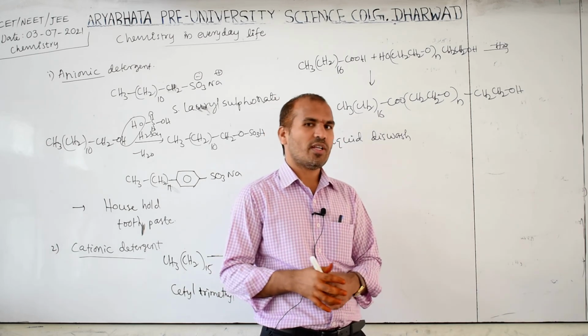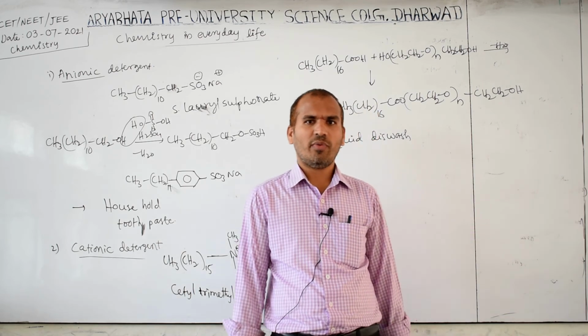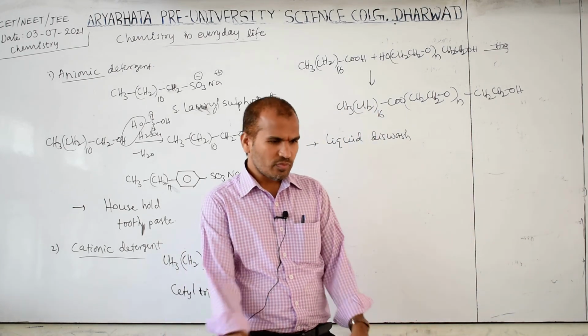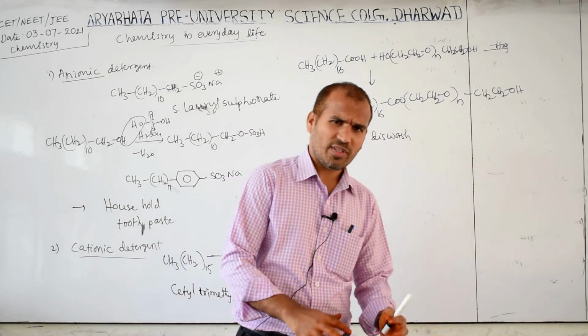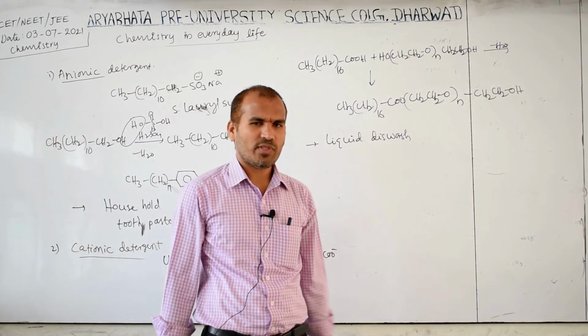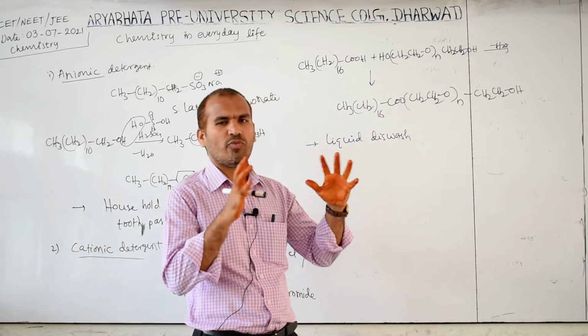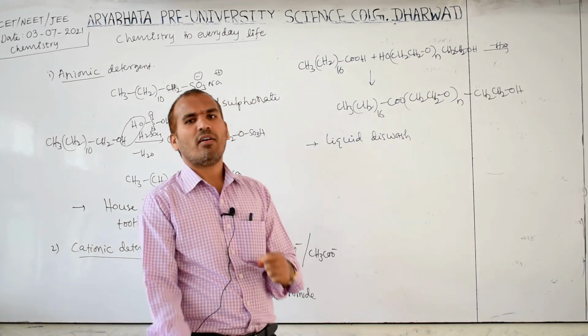You may have observed that when drainage is flowing from one place to another, sometimes in metropolitan cities, it gives a lot of froth. Otherwise you may have observed at the beach or somewhere that the side part has a lot of froth because of all this waste.